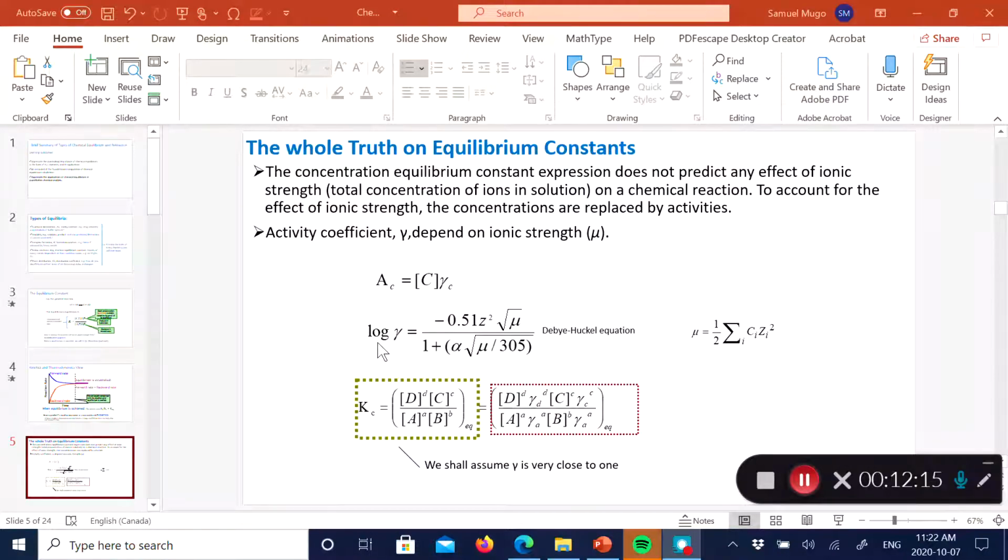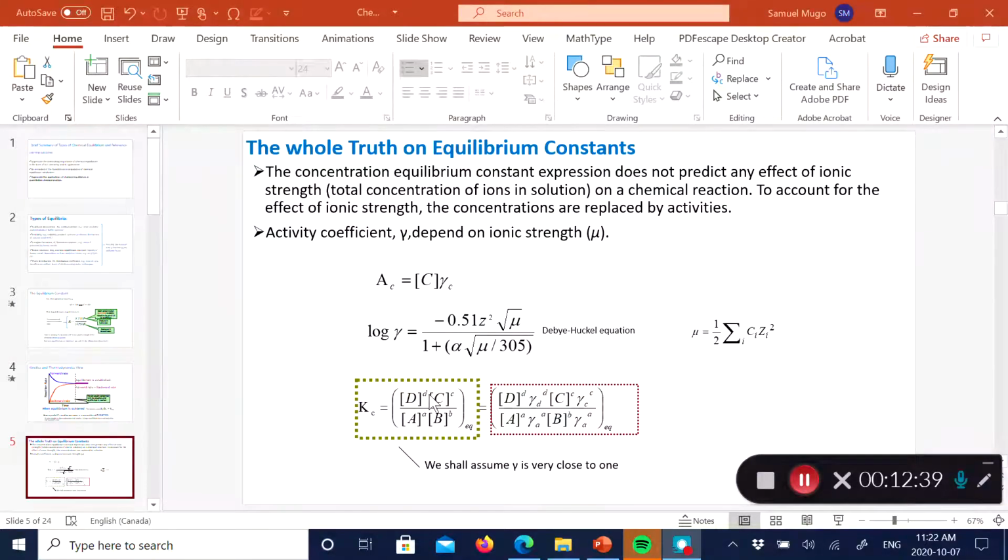And the activity coefficient is proportional to the root of the ionic strength. So the good news is, the reason why we do this approximation is because in most cases the activity coefficients are very, very close to 1.